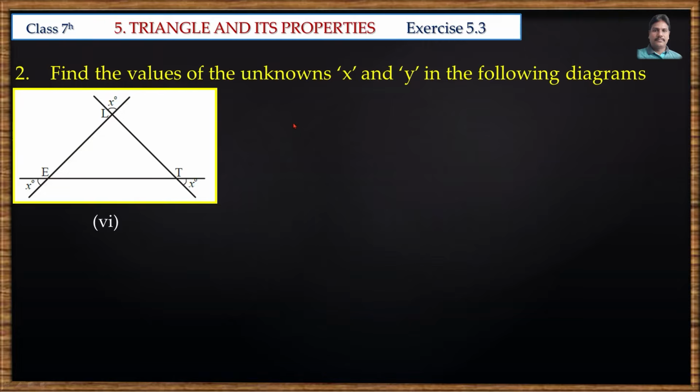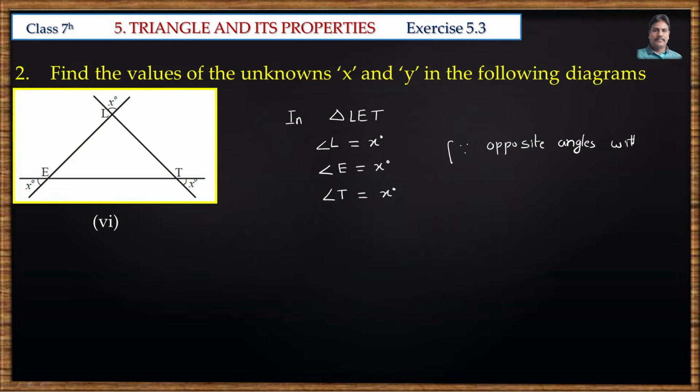So in triangle LET, angle L is equal to x degrees, angle E is equal to x degrees, angle T is equal to x degrees, since opposite angles with common vertex are equal.